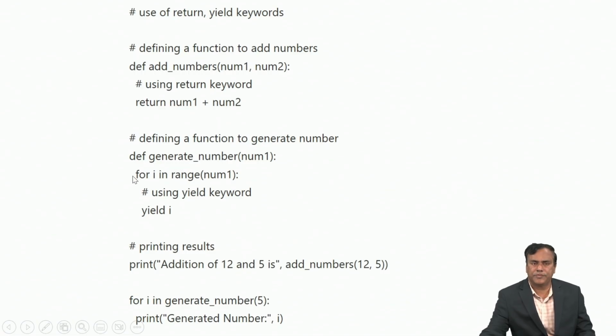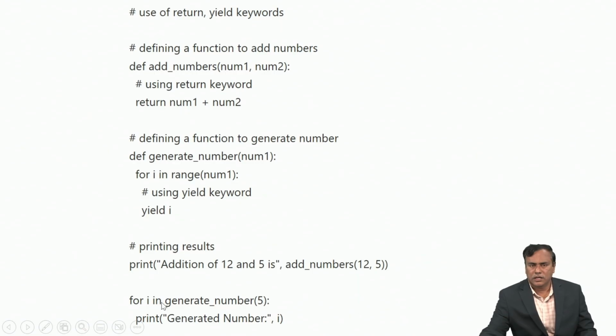So this is the definition of this function. For i in range of that argument, whatever you are passing, you are returning that value by collecting that value into this i. So these two are functions.